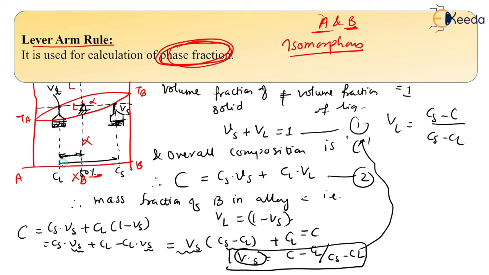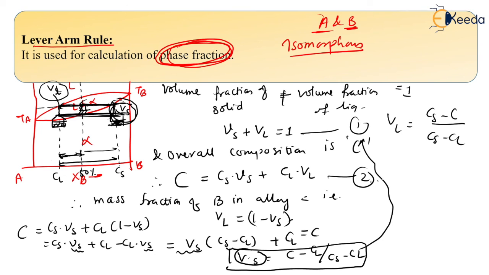So this much distance. If you want to find out the volume fraction in solid, it will be equal to this length divided by the total length of the arm, that is this opposite arm. So for the volume fraction in solid, it will be the opposite arm divided by the length of the arm. And under the same condition, for the volume fraction in liquid, it will be the opposite arm, Cs minus C, divided by again Cs minus Cl, that is the length of the arm.